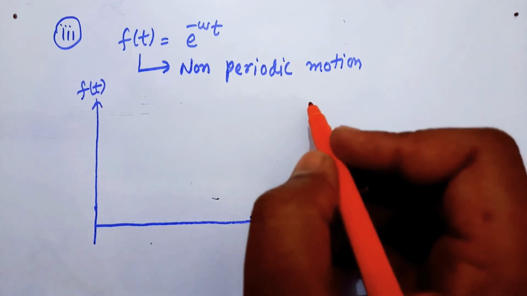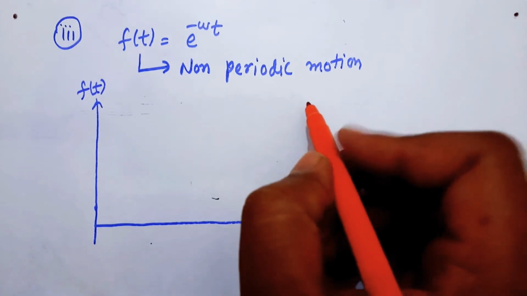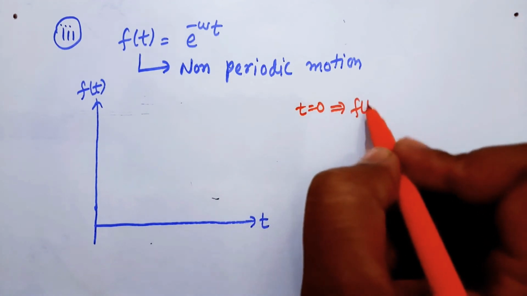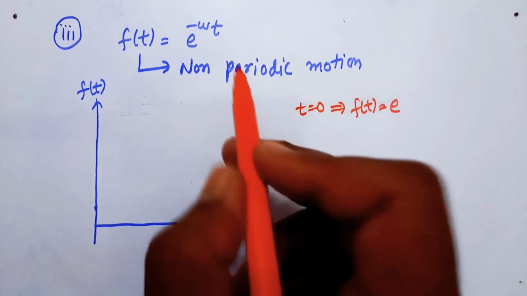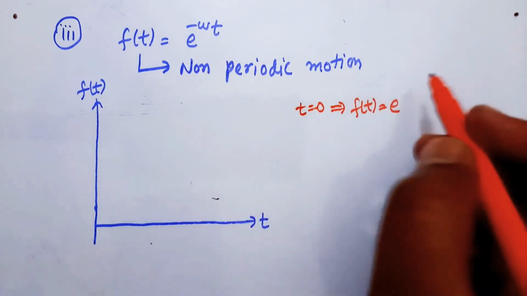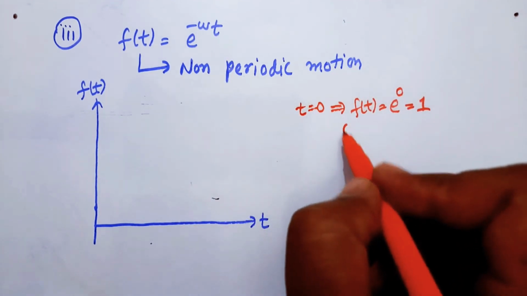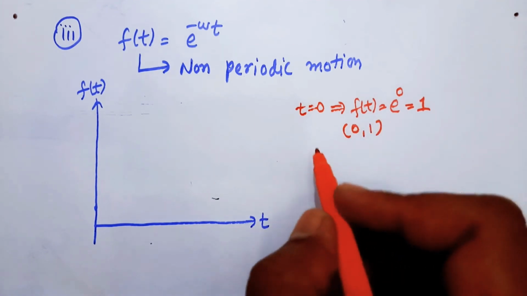Here I am taking t equal to 0. So f of t is equal to how much? It is e power of 0 times minus omega. E power 0 is equal to 1. Here the coordinates are 0, 1.